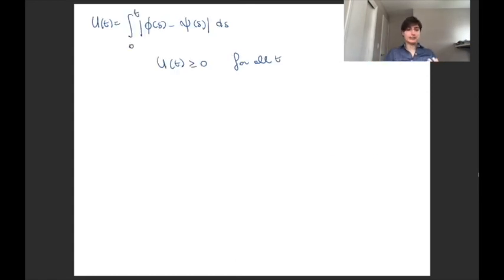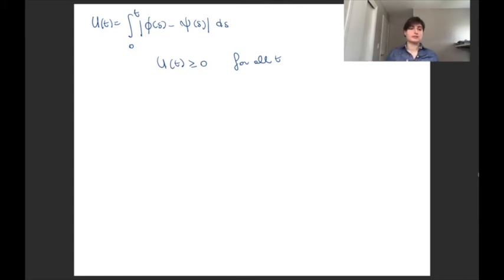In order to prove that there exists only one solution, we introduce a function u of t that is exactly this integral. So it's the integral between 0 and t of the absolute value of phi minus psi ds. Because it's the integral of an absolute value, we know that u of t is always positive for all t.